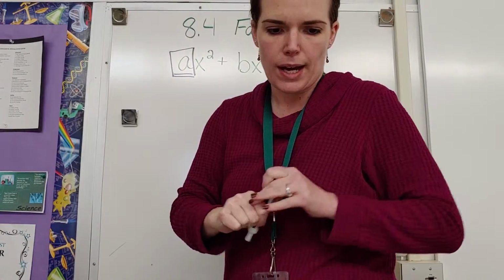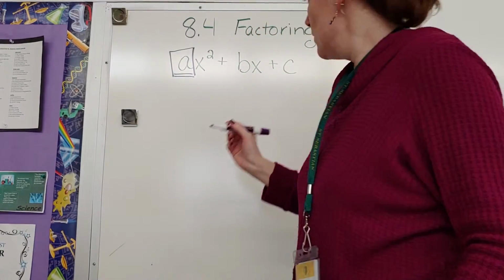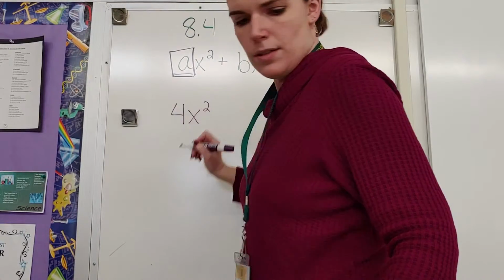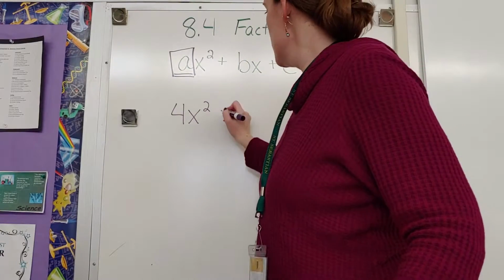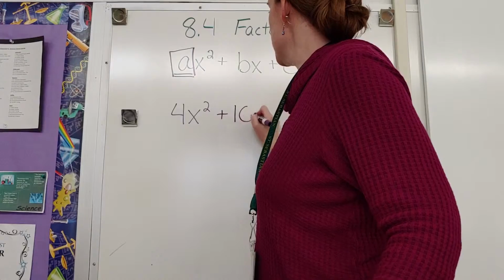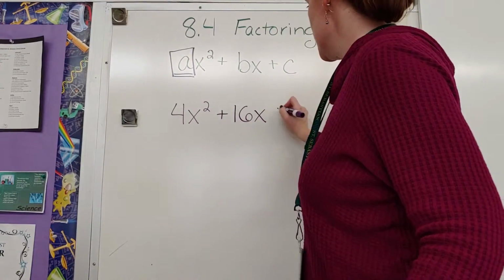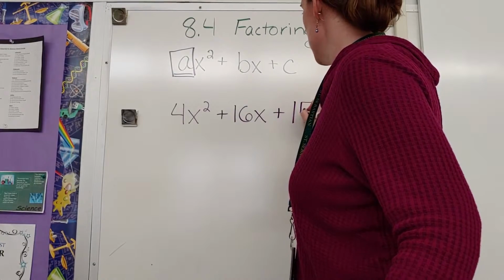So let's say you have 4x squared plus 16x plus 15.